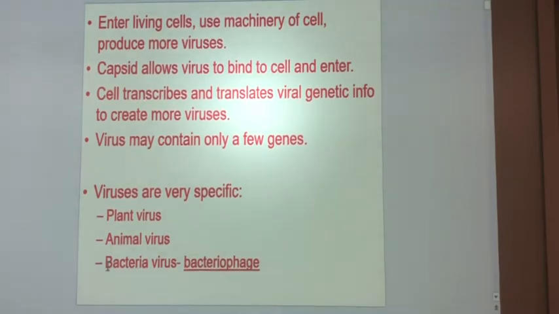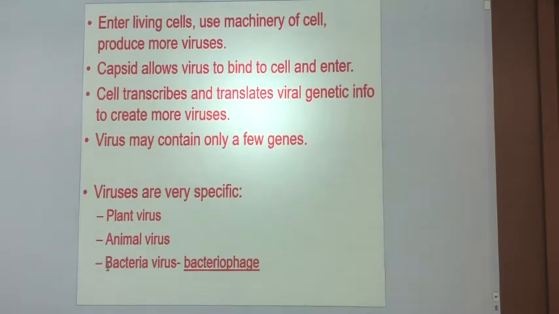So this is transcription and translation of the viral genetic information. And now the cellular machinery is directed at creating more viruses. Viruses would have many fewer genes compared to a prokaryotic or a eukaryotic living creature.